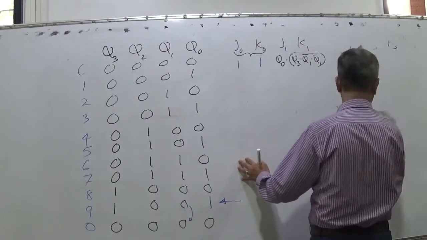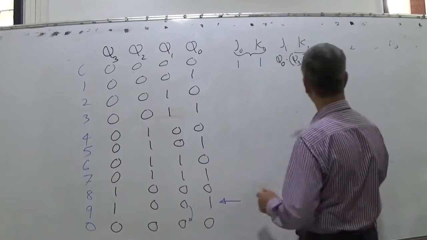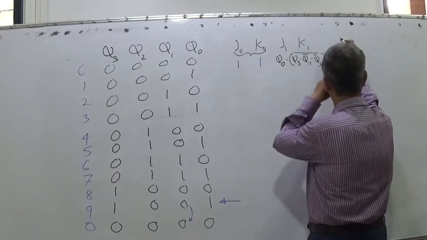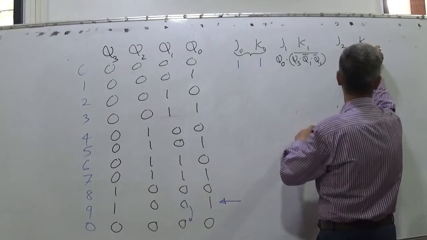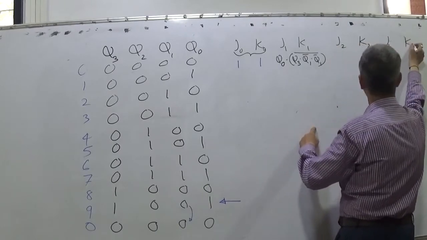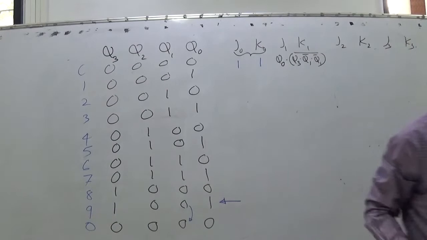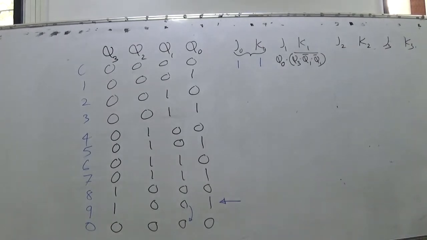Flip-flop number 2 inputs, J2 and K2. What about J2 and K2? For J2 and K2 things are somewhat simpler.